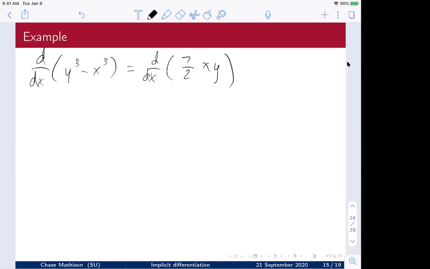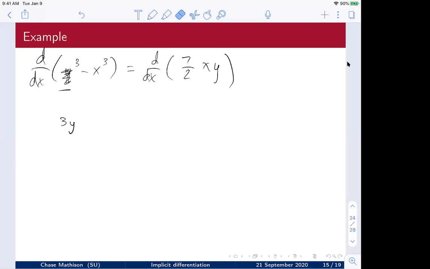All right, so let's take this derivative. So what's the derivative of y to the third with respect to x? That's so close. Okay, so if this was just an x, it would be 3x squared, right?